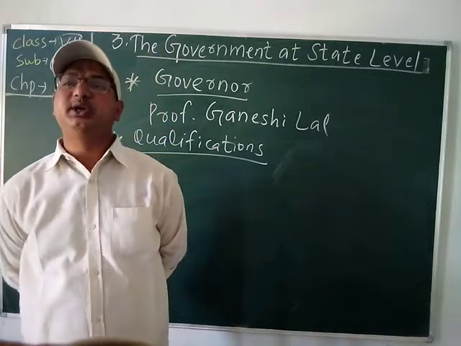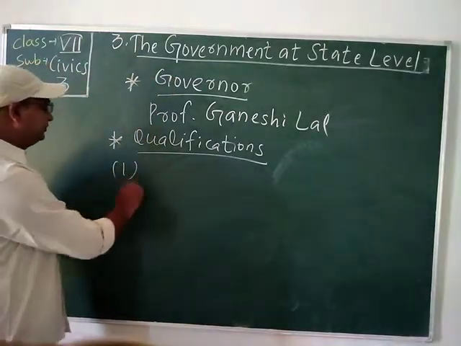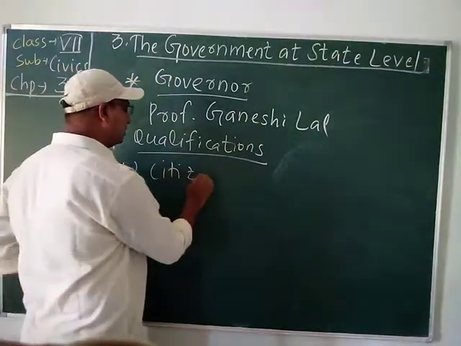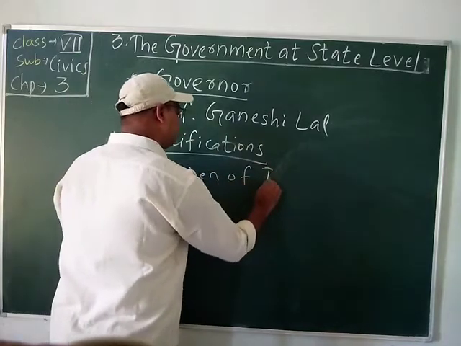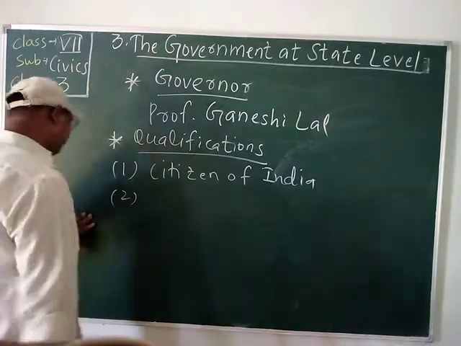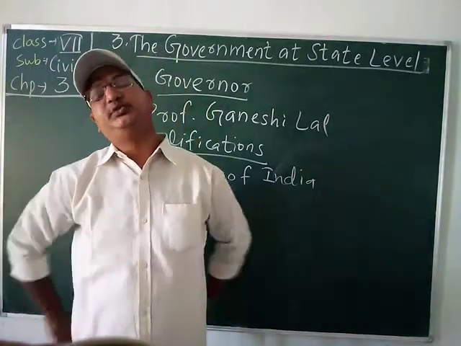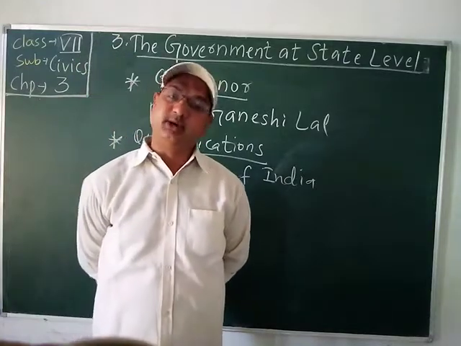Students, the first one is he must be a citizen of India. This is very clear. He or she must be a citizen of India, not a citizen of Pakistan or Bangladesh.